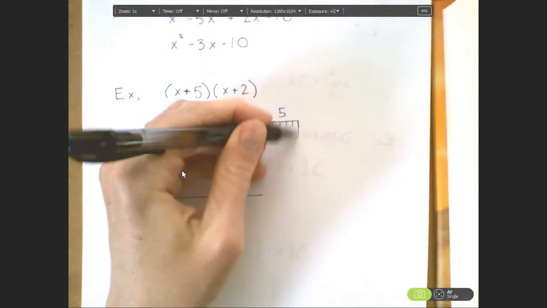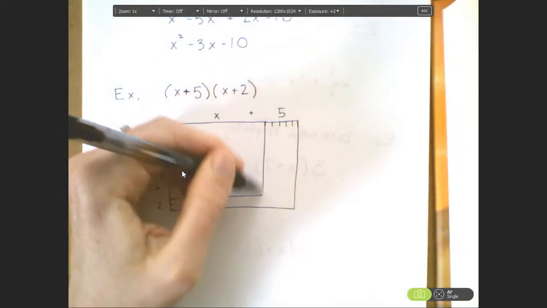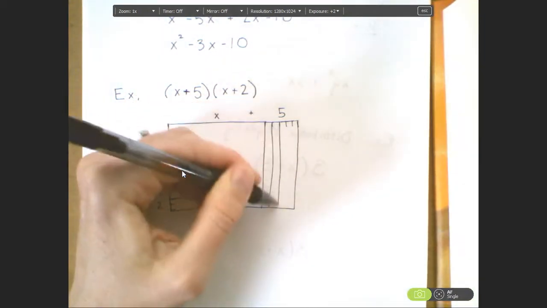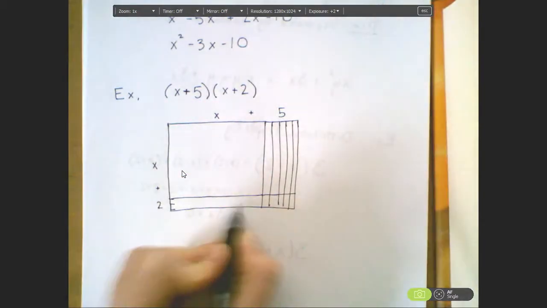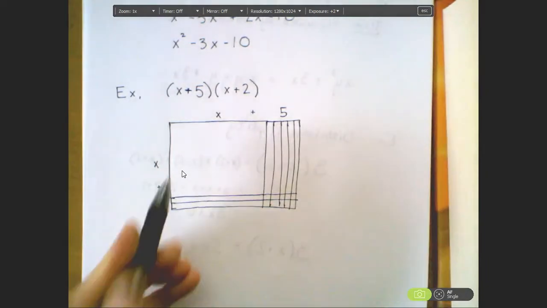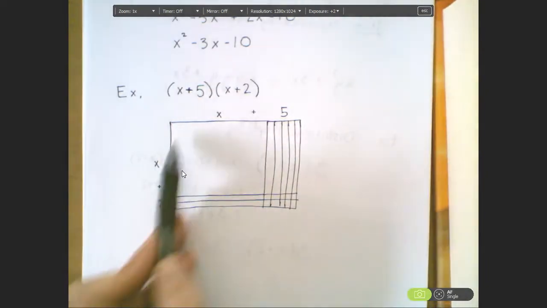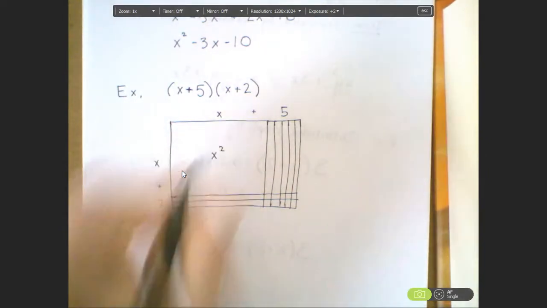So what happens when we fill in the rest of the rectangle? This is called the array model of multiplication. What am I left with? This is a visual way to represent what's going on. So this square here is the area of x times x, which is given by x squared.